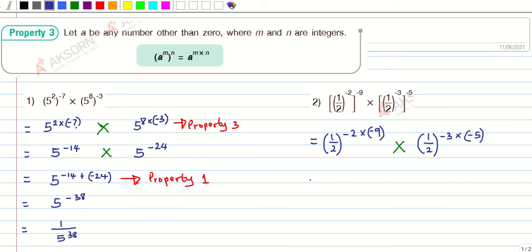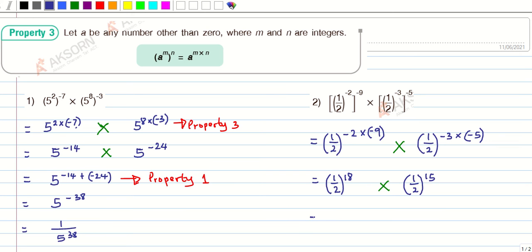Okay, now this will give us a half to the power of 18, that is negative 2 times negative 9, times a half to the power of 15, that is negative 3 times negative 5.